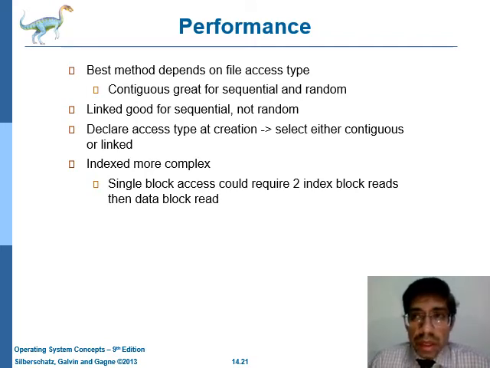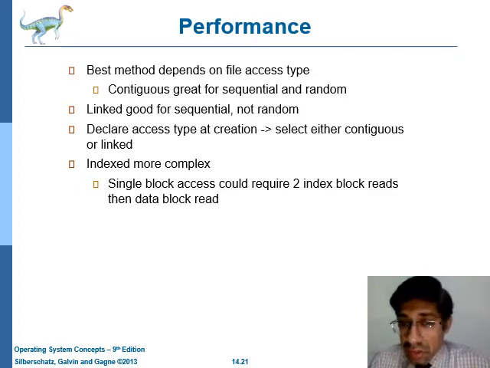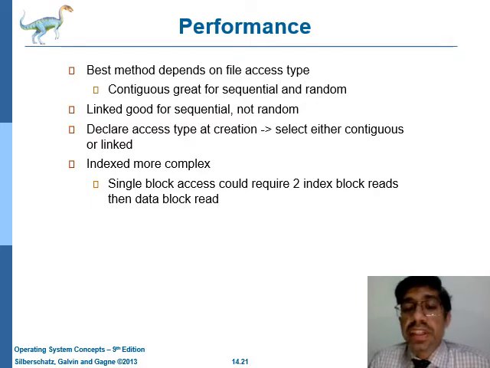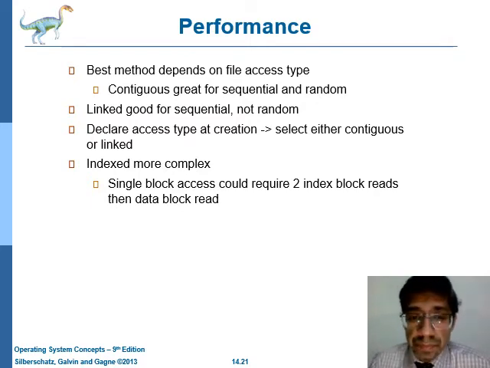Then you generally need to declare the access type at the creation of the file. You can decide whether to go for contiguous allocation or linked allocation, but this sort of flexibility might not be very much leveraged by different file systems.